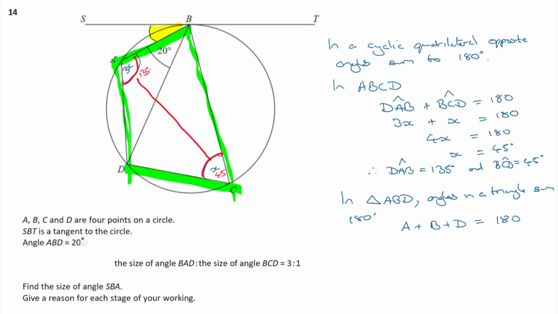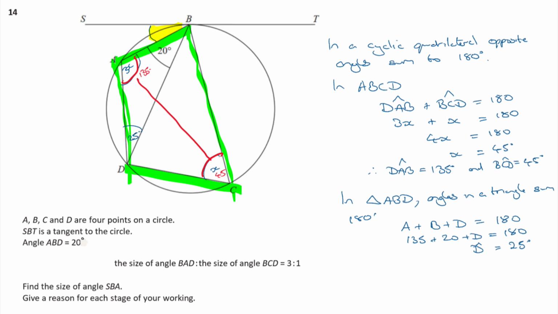So I know that A is 135, B is 20, plus D is 180. So 135 plus 20, that takes me up to 155. So take that away from 180, that's going to leave me with 25 degrees for D then, isn't it? So angle D there then is 25 degrees. So that one there is 25.